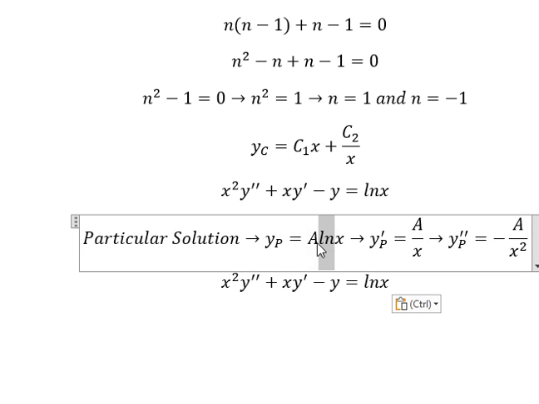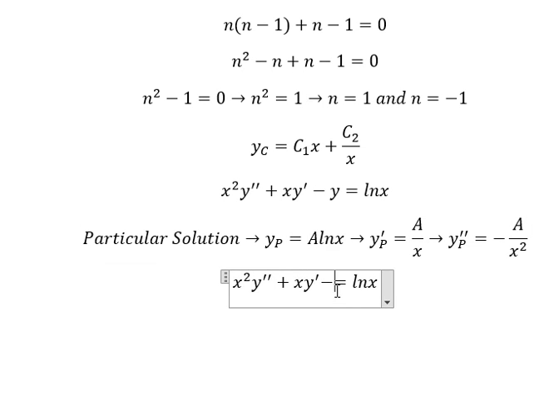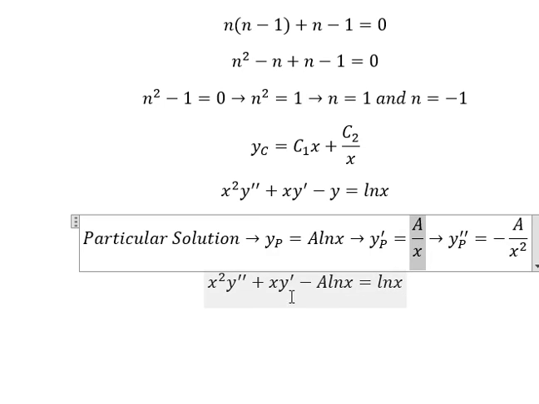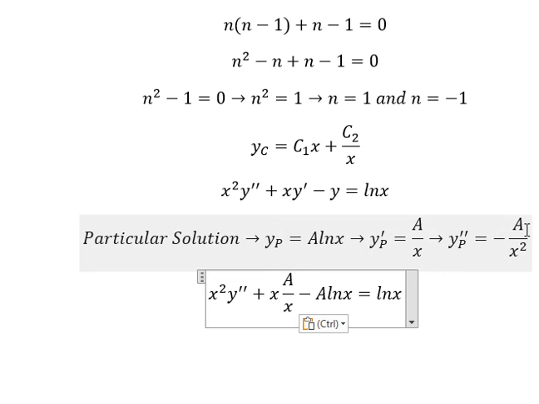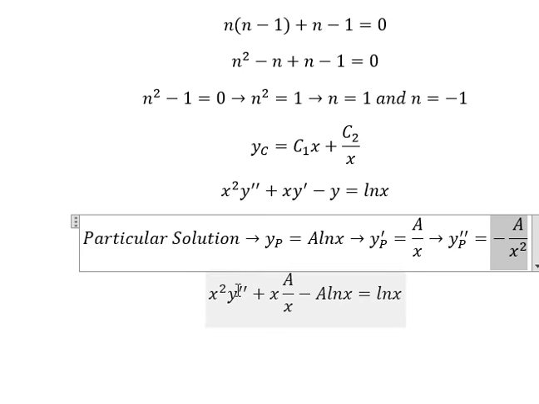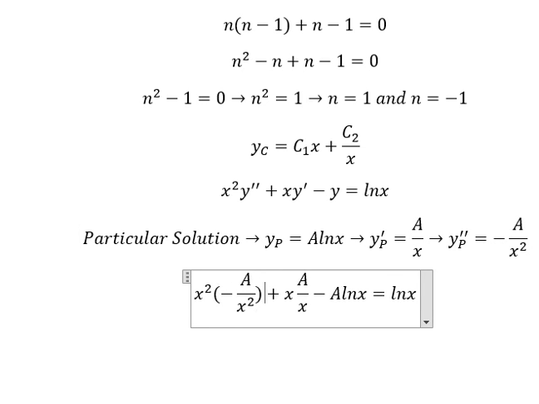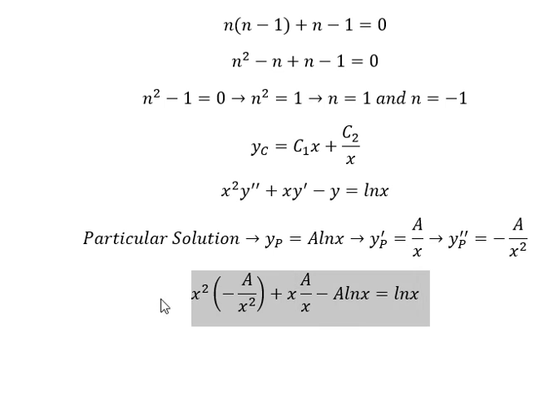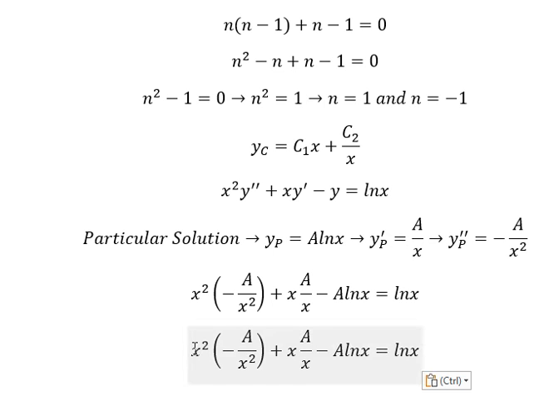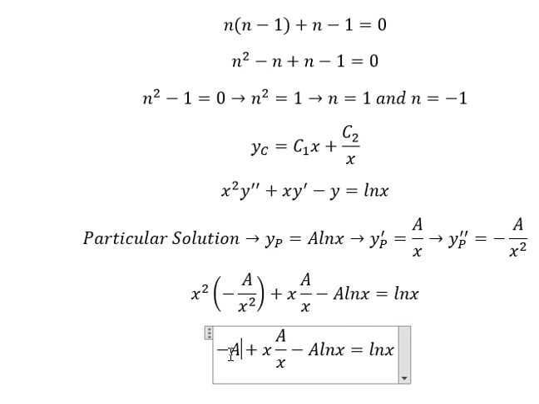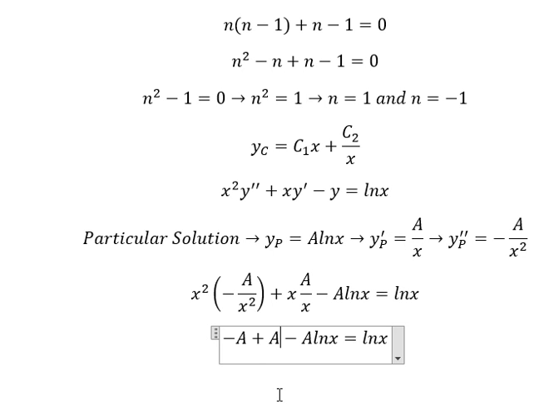And now I will put this one here, this one here, and this one here. Now if we simplify, we got negative A and positive A. A minus A we cancel.